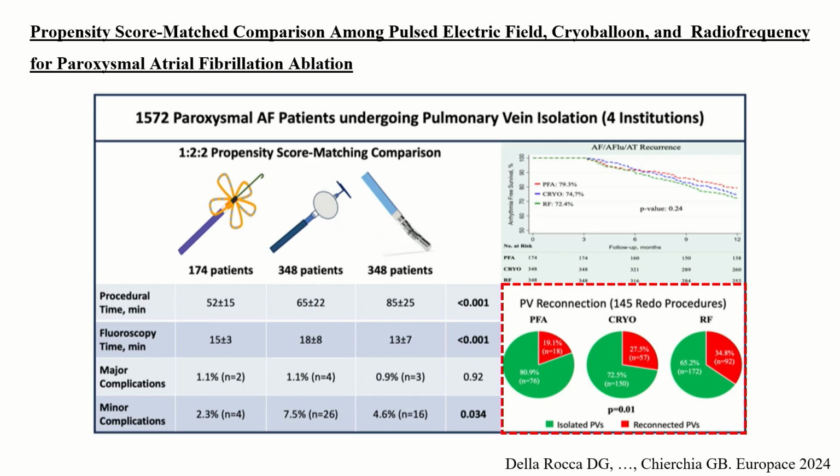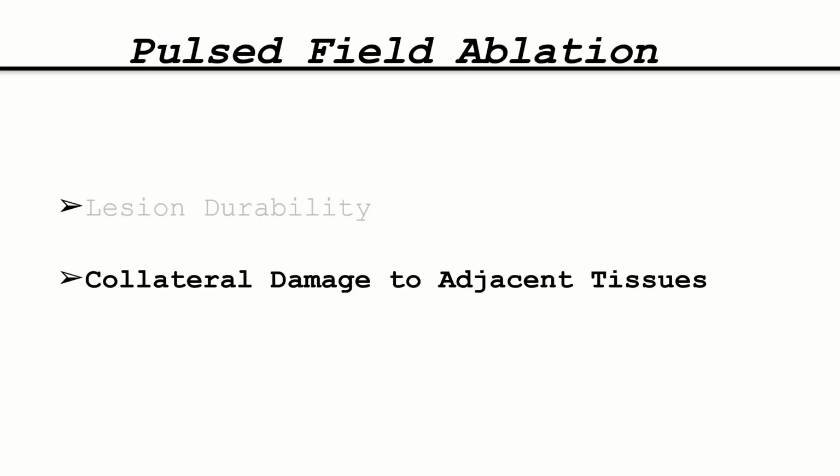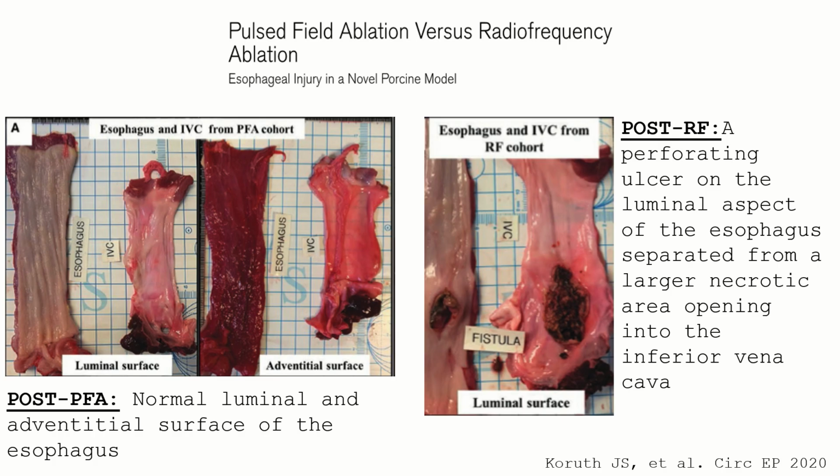This is a propensity score matched comparison between cryo, PFA, Farapulse, and radiofrequency for paroxysmal atrial fibrillation in our lab. And what we saw is that at redo procedures, PFA was actually the group in which we had fewer reconnections of veins.